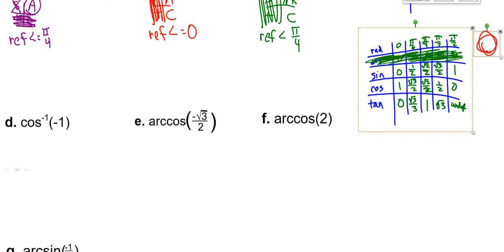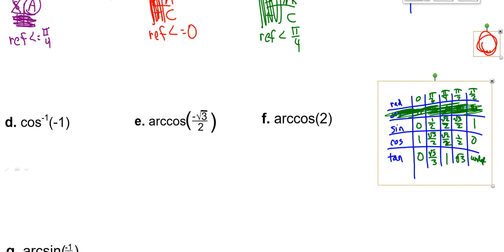For letter D, we have all students take calculus, so we're in that first two quadrants. -1 is the ratio, and so our reference angle for 1 is 0. Well, that means we're at that point -1, 0 with cosine and sine, so that is at pi.